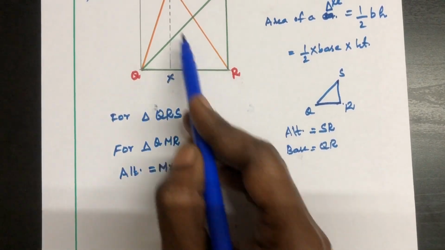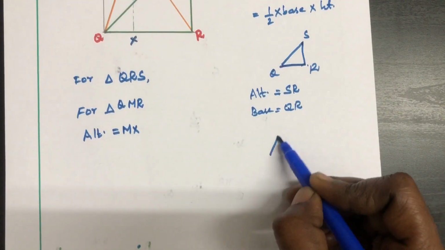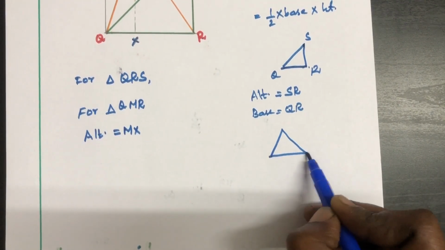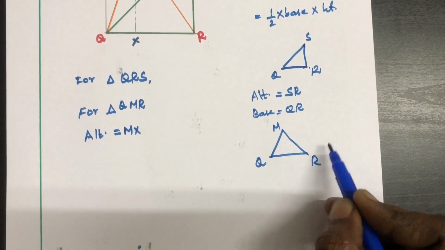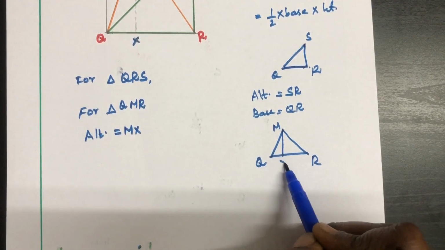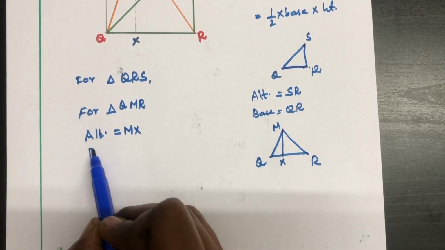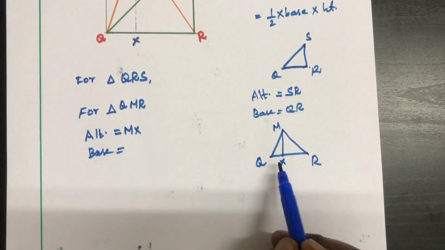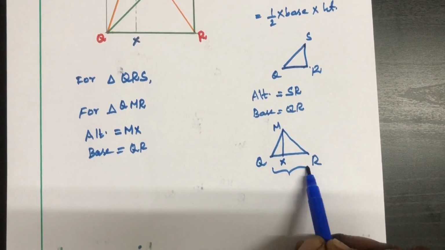For this triangle QMR, the altitude is MX. And the base is the full QR, right? This is the base.